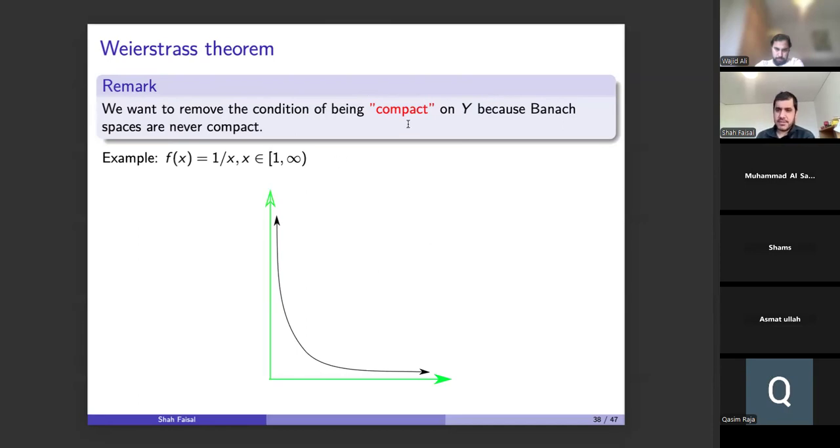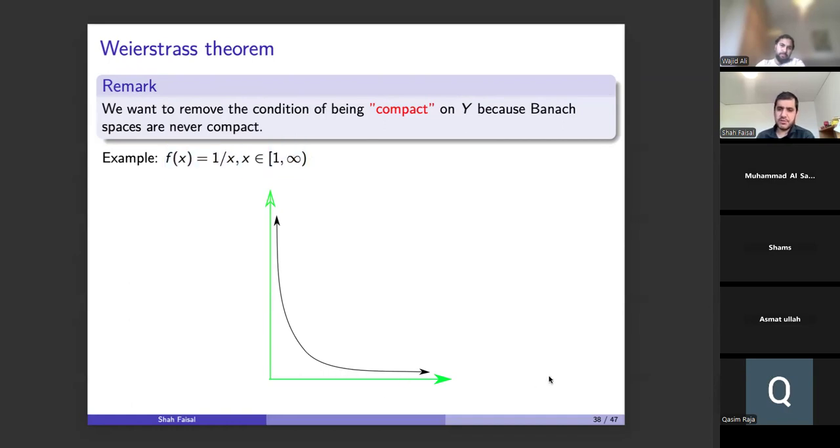Now, consider a non-compact space, an example. If you remove the compactness from the above theorem, then the theorem breaks down. So consider the interval which is closed at 1 and open at infinity, and take the function 1 over x.